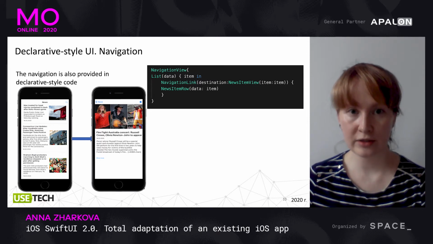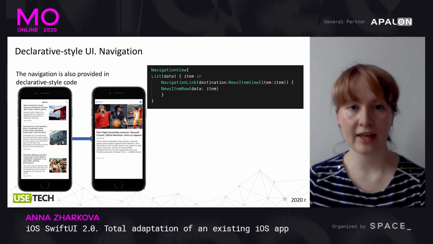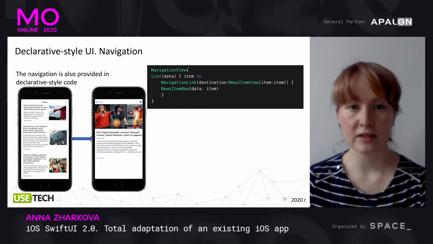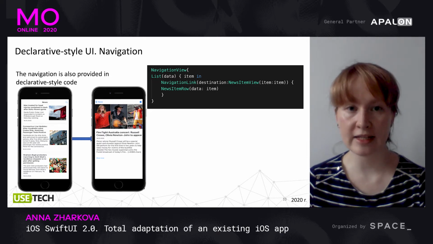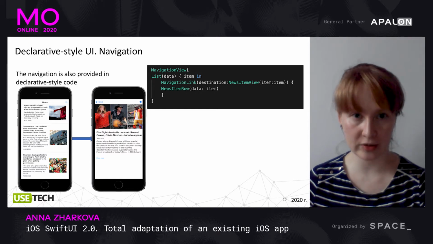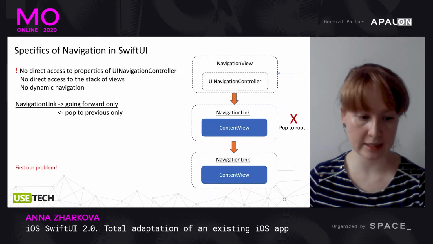And if you want your code to work, you should place all your navigation links with all container views in a specific control, NavigationView, that encapsulates UINavigationController with all its properties and logic and functionality.